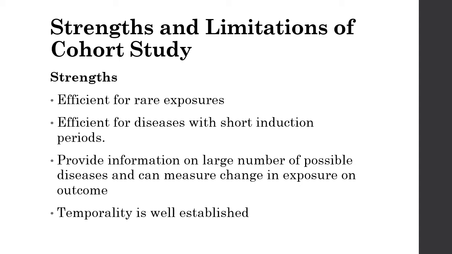For example, the Framingham study. Framingham is a big heart study that was conducted on different people and looked at different exposures and different outcomes. And most of the information that we know nowadays about cardiovascular risk factors and cardiovascular disease actually came from this Framingham study.